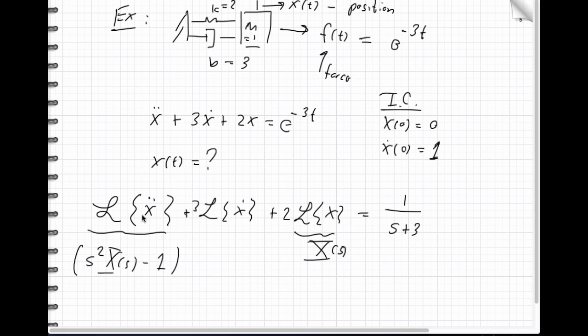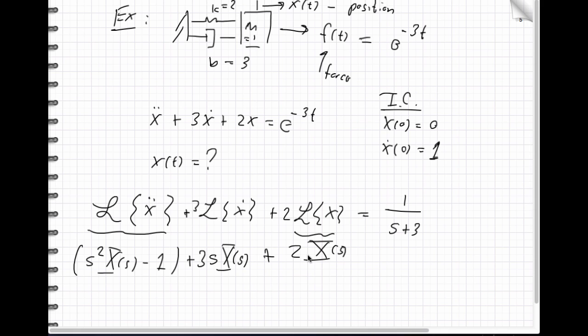That comes from this term alone. And this term here is going to be plus 3 times s x of s, and then you will have s x of s minus the initial condition, but that's 0, so that can be left as is. Oh, and then plus 2 x of s.